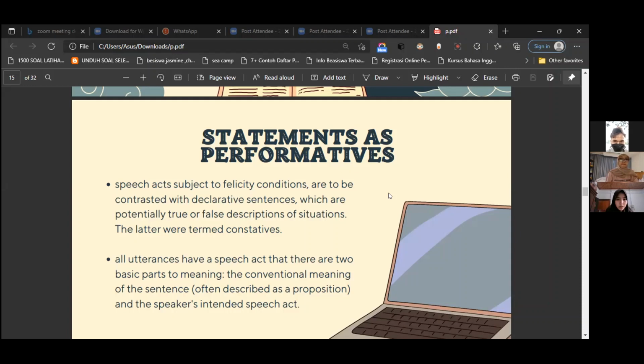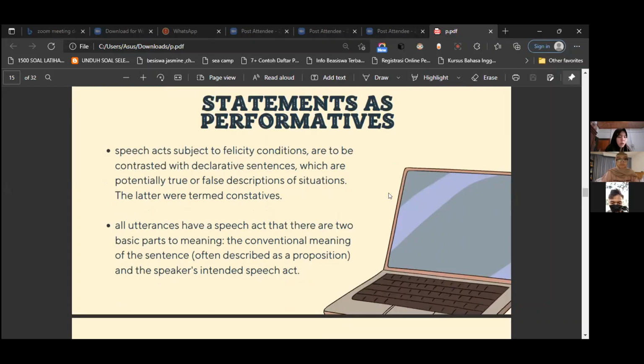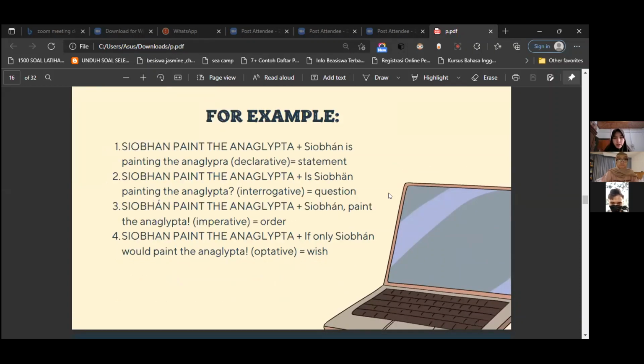The first one is the conventional meaning of the sentence, often described as a proposition, and the second is the speaker's intended speech act. For example, you might see on the previous slide that here we have the propositional meaning uniting to form a speech act as the speaker intends.